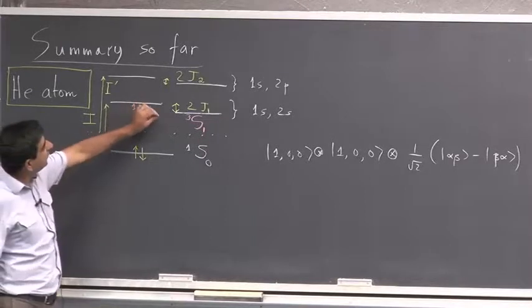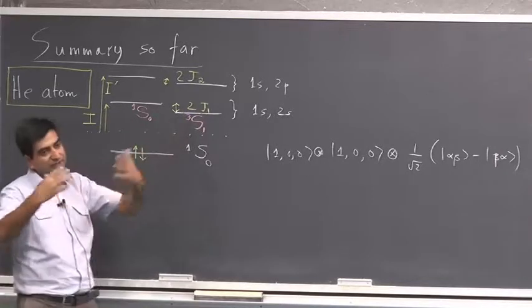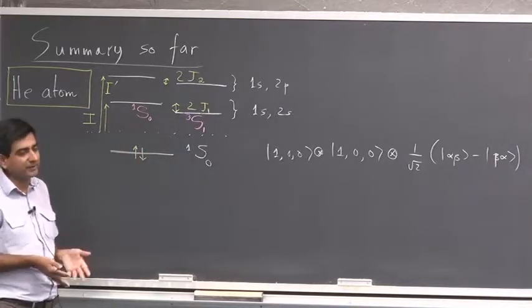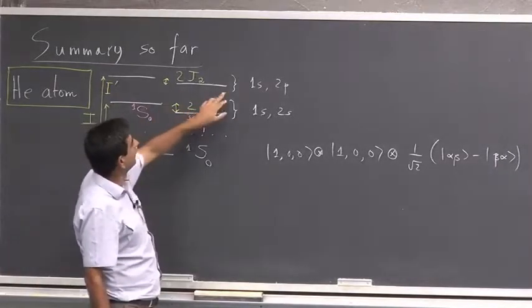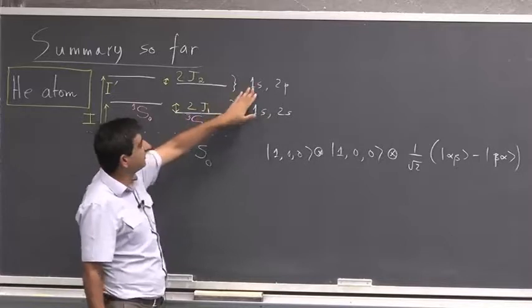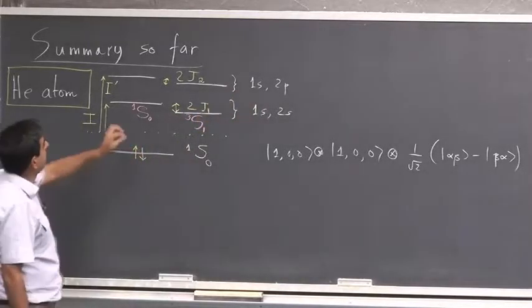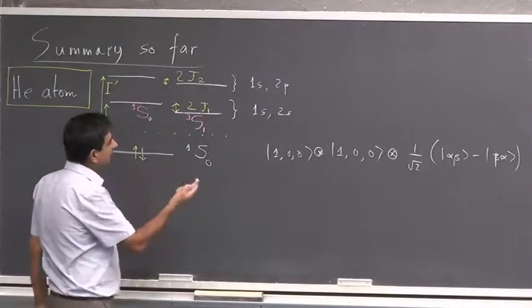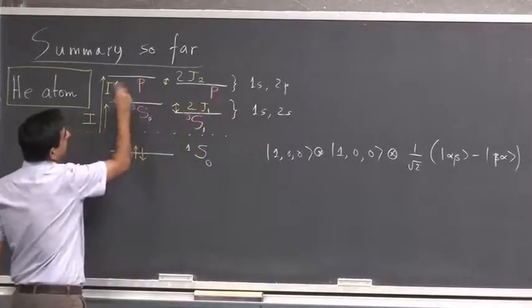Now this splitting of the singlet and the triplet manifolds is a result of the exchange degeneracy. This is something that we learned about the helium atom. Likewise, for this manifold, one electron is in the 1s state, the other electron is in the 2p state. Both of these states have total angular momentum 1, so these are capital P term symbols.